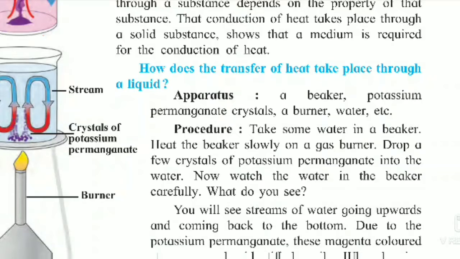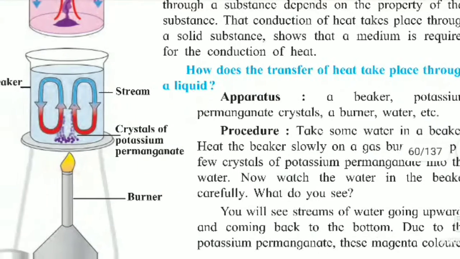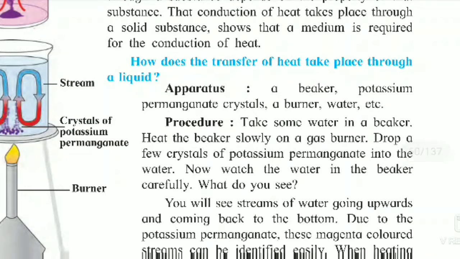For that we have to take a beaker and potassium permanganate crystals, which are colorful. When we add them to the water, what happens to its color? It changes. Next we take the water and a burner.